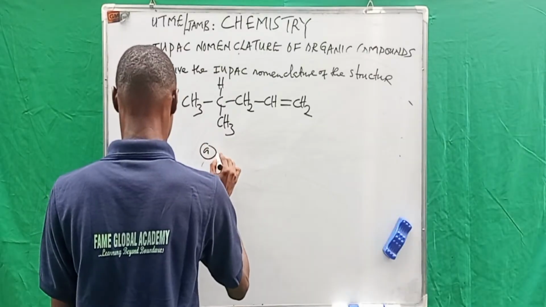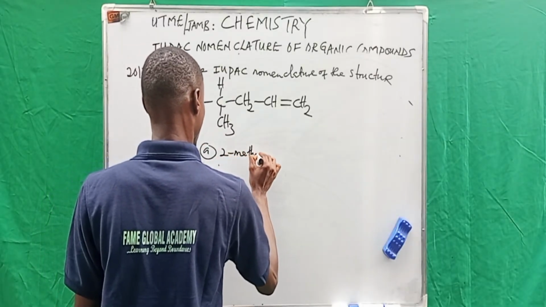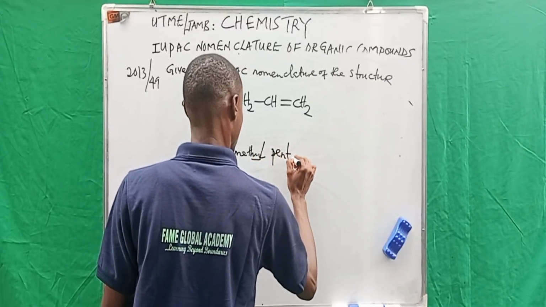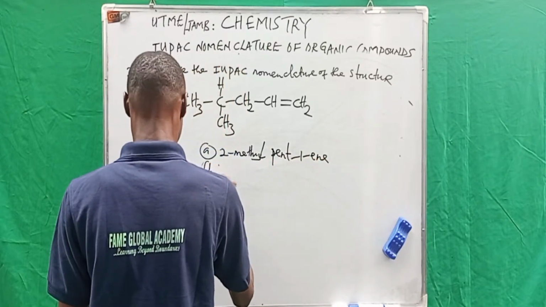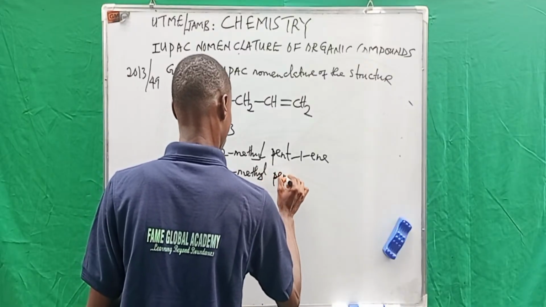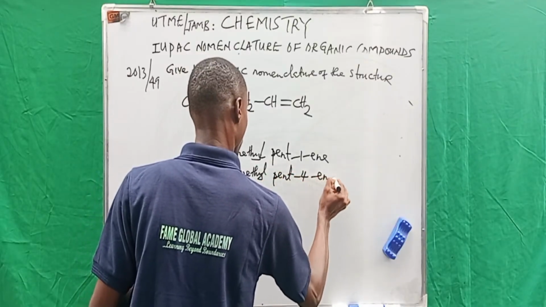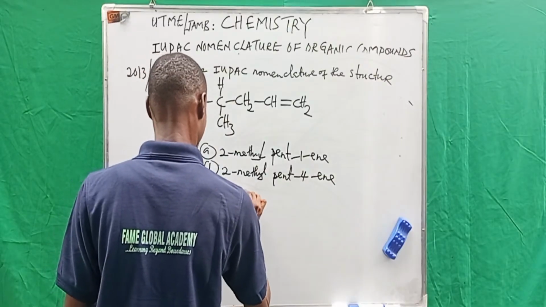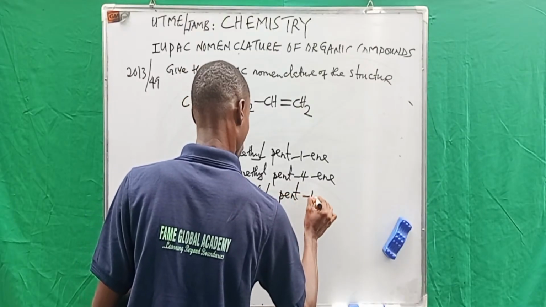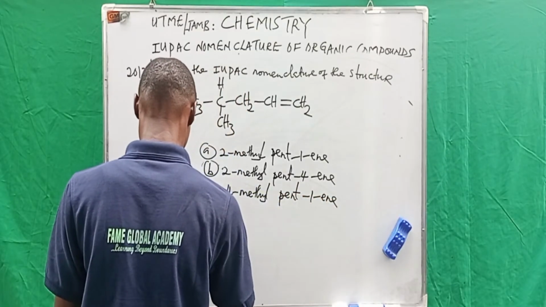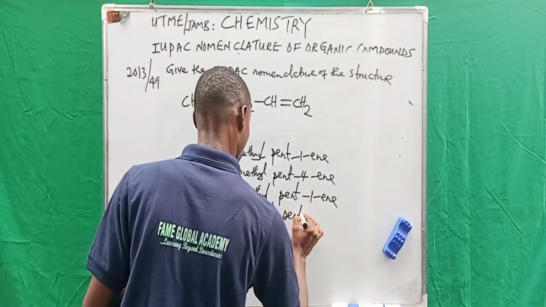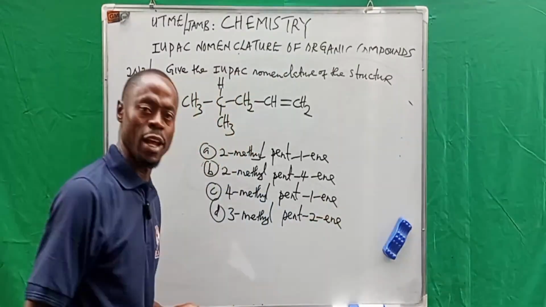The options are: A, 2-methylpent-1-ene; B, 2-methylpent-4-ene; C, 4-methylpent-1-ene; and D, 3-methylpent-2-ene.